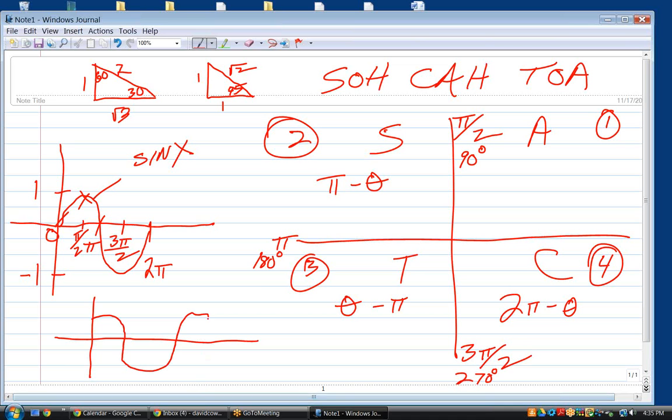This will answer all of them for cosine. And notice the similarity here. These both divide into quarter points. And the quarter points are key points. Those are your quadrangles in every case.